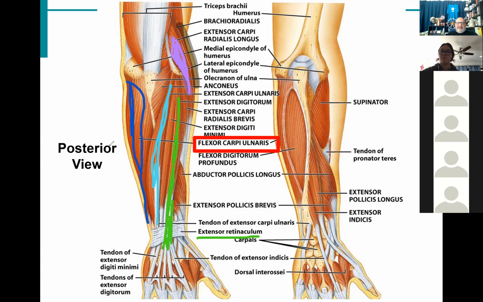So even though its belly is located here on the backside or on the medial aspect of the hand, we're actually going to see its tendon on the anterior side. So it is our flexor. So those are our three, and I guess a half muscles we can see from the posterior view. Questions on those?